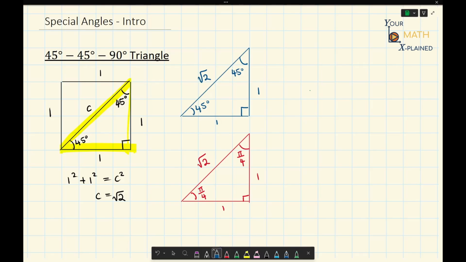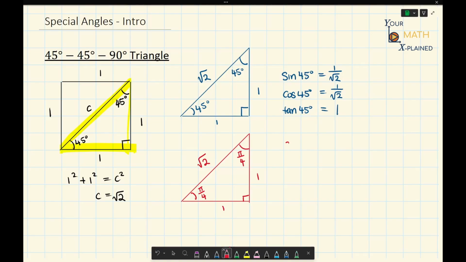And now we're ready to write down our trig ratios. So in degrees, we would have sine of 45 degrees is equal to 1 over root 2. And we have cosine of 45 degrees is also 1 over root 2. And then lastly, we have our tangent of 45 degrees, which is equal to 1 over 1, so that'll just be equal to 1.